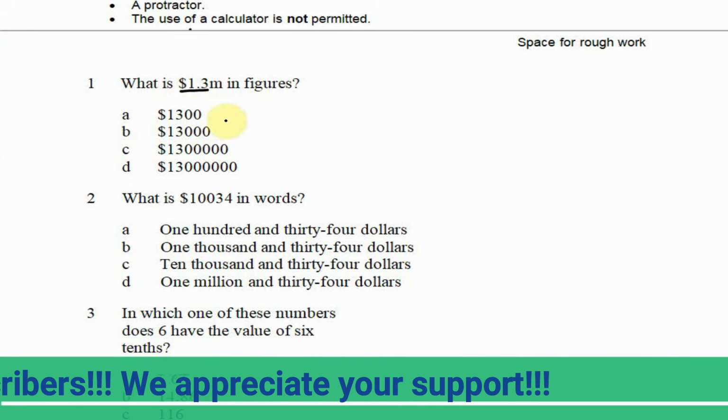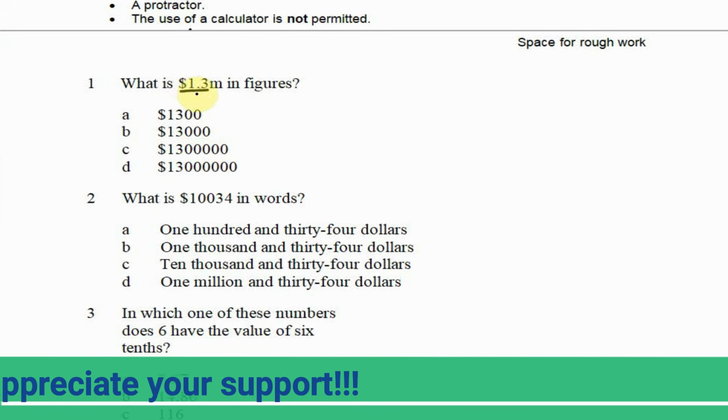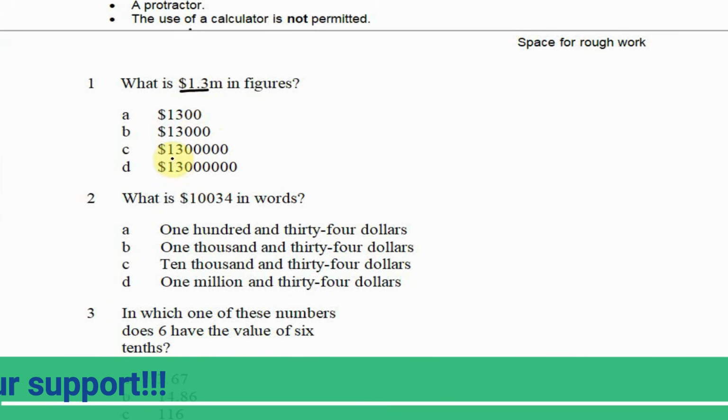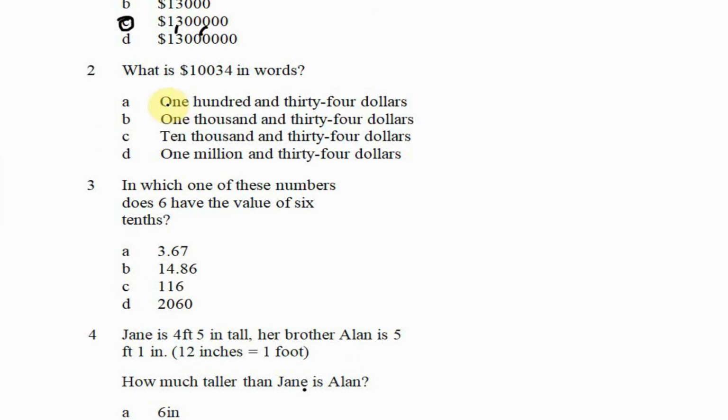So this wouldn't be 1.3 meters, it would actually be 1.3 million. Now 1.3 million is the same thing as 1,300,000, and option 3 here meets that criteria. So this is $1,300,000.